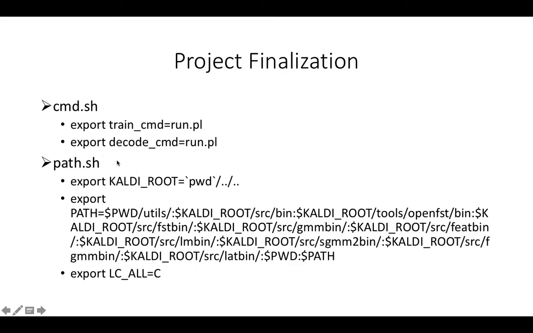And then comes the path file. These are some of the relative paths where Kaldi searches, but if you run Kaldi on a local machine, then we don't need to change these.